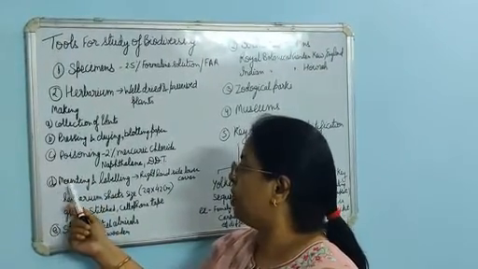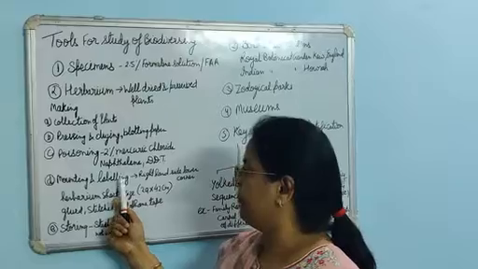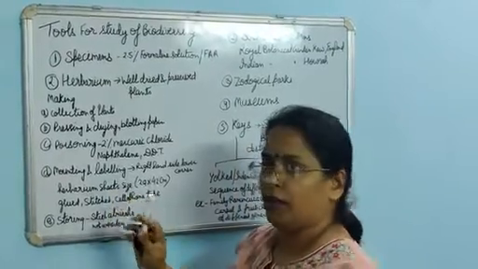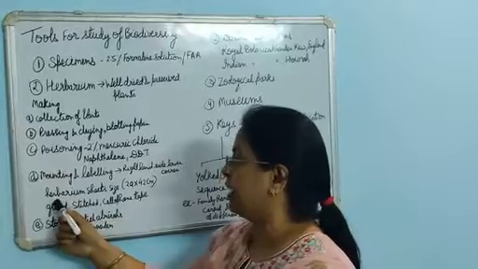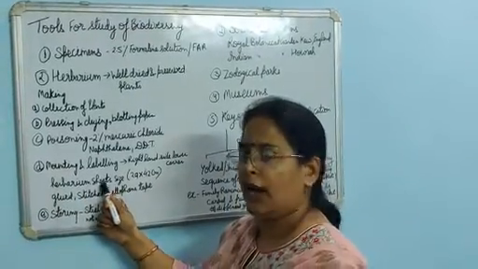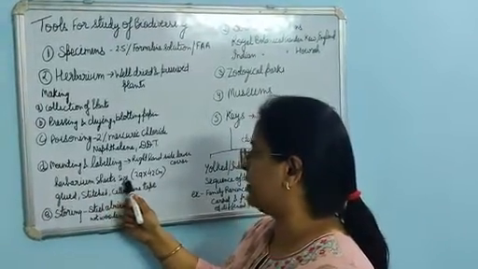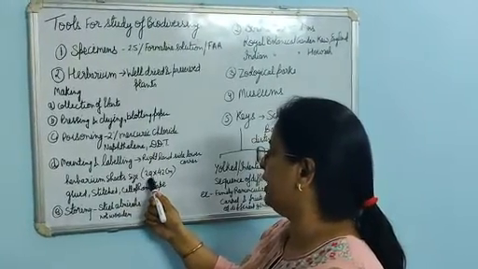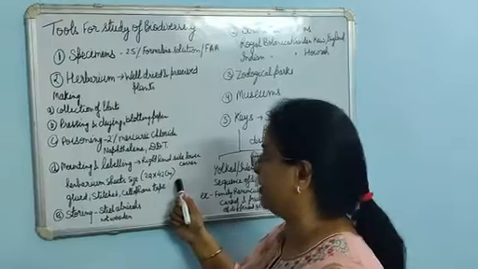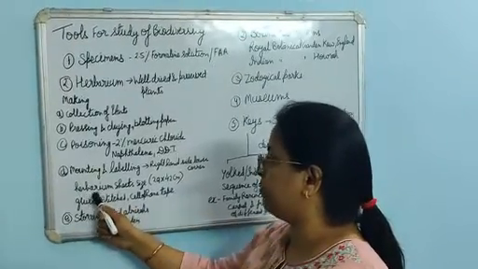The next step is mounting and labeling. We will spread the entire plant body on a sheet that is known as a herbarium sheet. All the herbarium sheets are approximately the same size, 29 by 42 centimeter. So we will spread it properly.